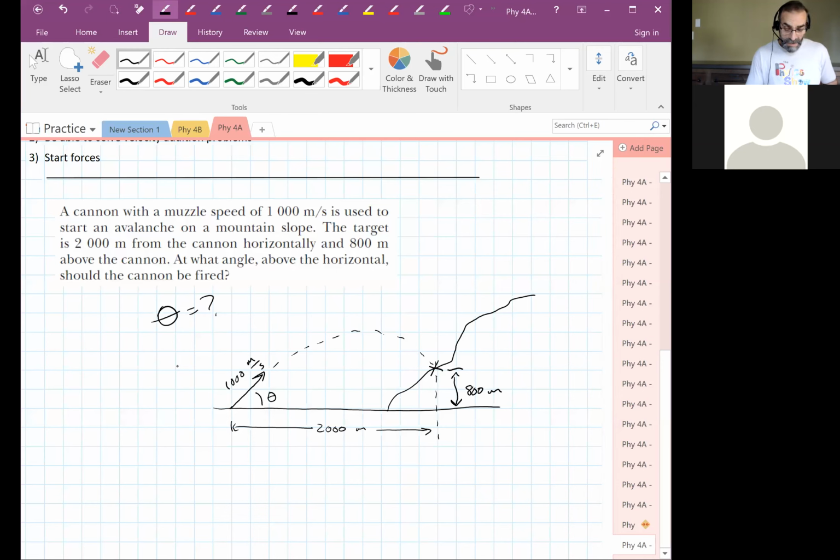So go ahead and set it up. See what you get. See how you would set this up. Let's take a few minutes. Think about this problem. Remember, we're launching this projectile. They tell us the initial speed, but not the angle. And we know the x and y distance to where it lands.